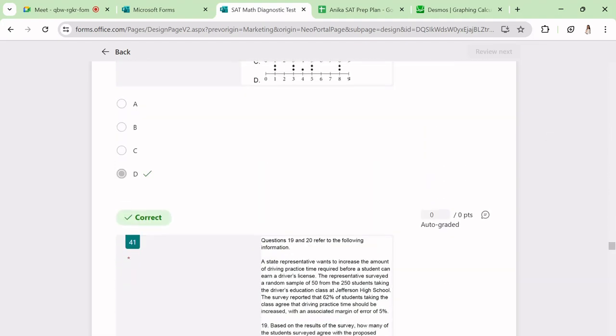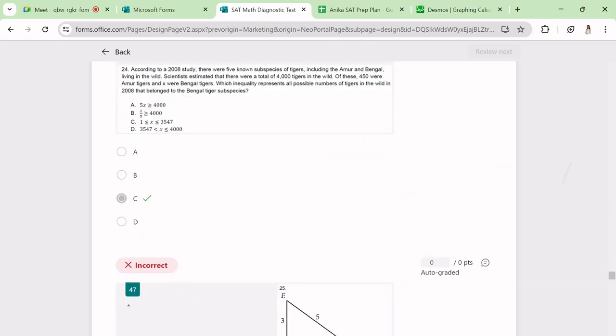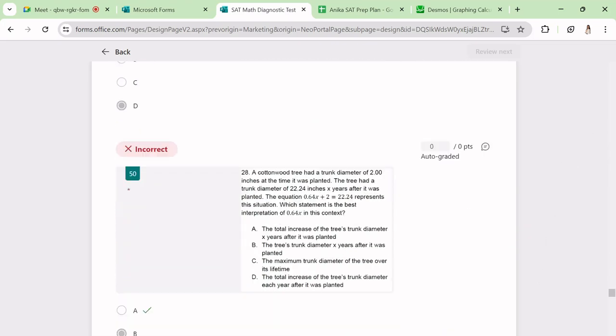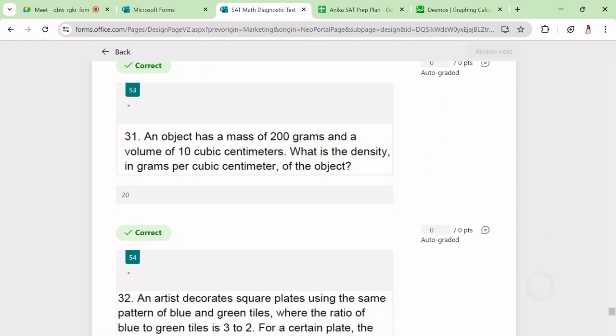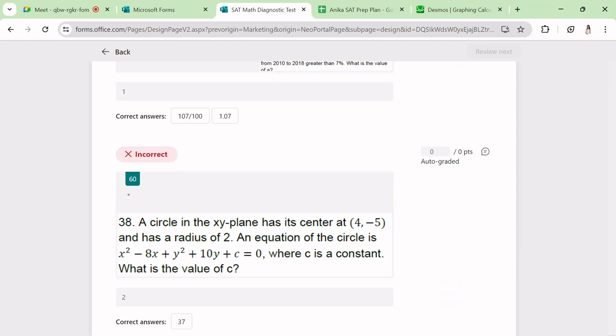Okay, quadratics. Yeah, this is again a question of circles.